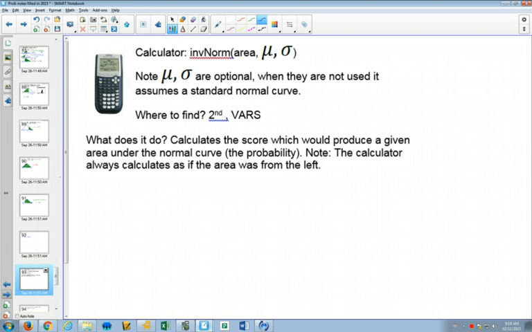So we use something called inverse norm, because it's going to take your normal distribution and work backwards. If you know the percentage, the area, the mean and the standard deviation, you can find out what those scores are.